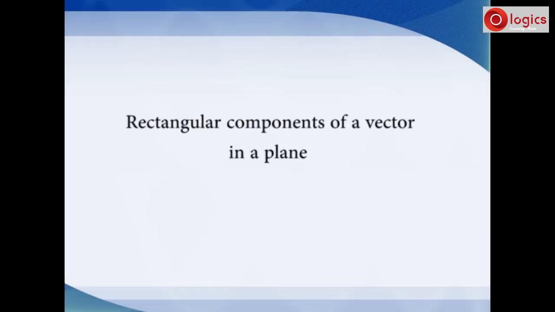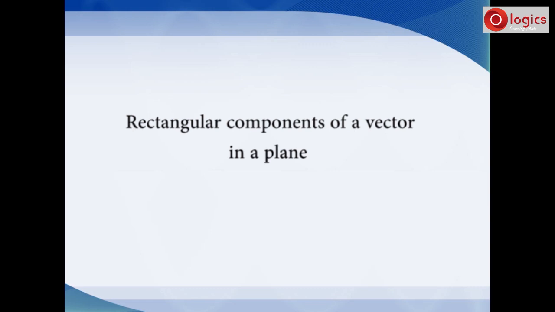Let's understand about rectangular components of a vector in a plane. Till now we added or subtracted vectors without taking any coordinate system. If we take a coordinate system as reference, we get accurate results.